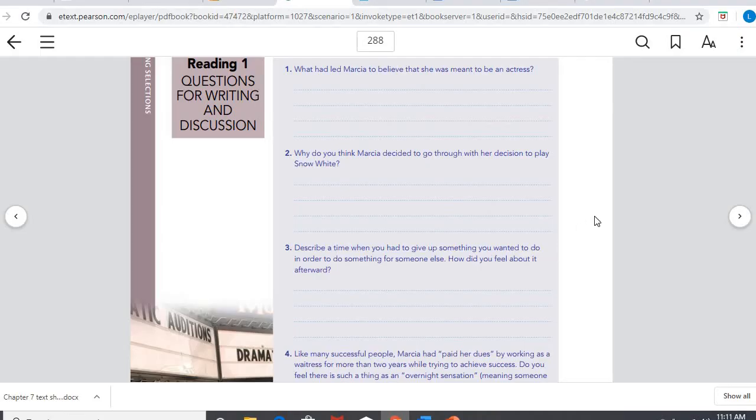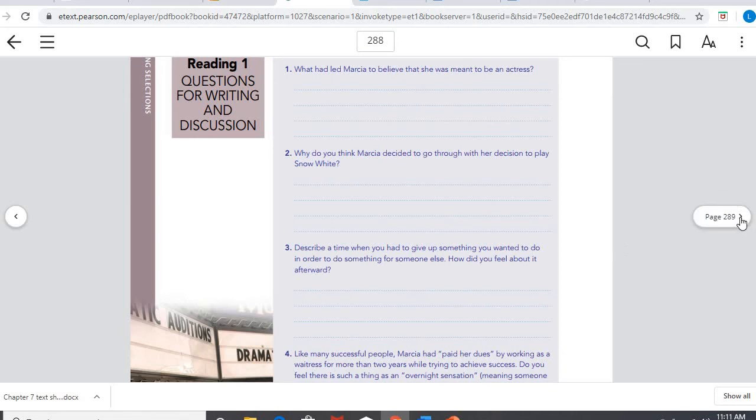Question number 2 says, why do you think Marcia decided to go through with her decision to play Snow White? And this is opinion, so type or write what you believe. Maybe it had something to do with guilt or holding promises, or maybe in the back of her head she knew she would get another chance, whatever. Why do you think she decided to go through with her decision to play Snow White? That is what you were answering for number 2.